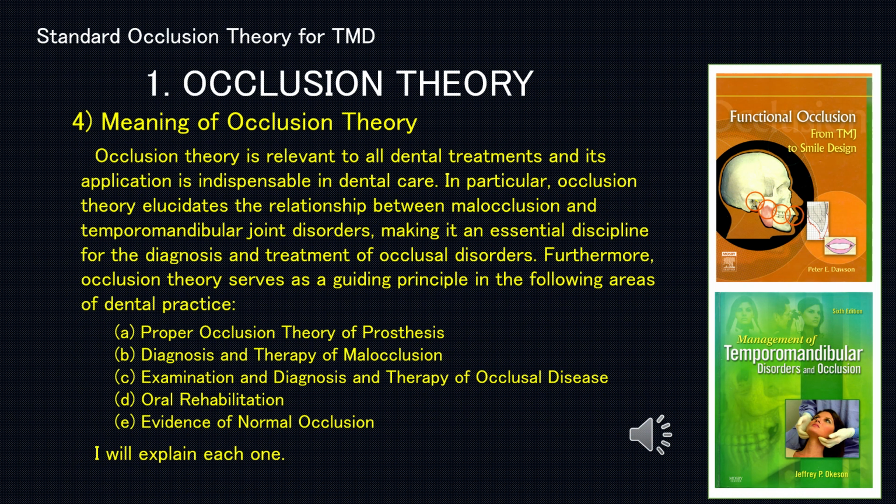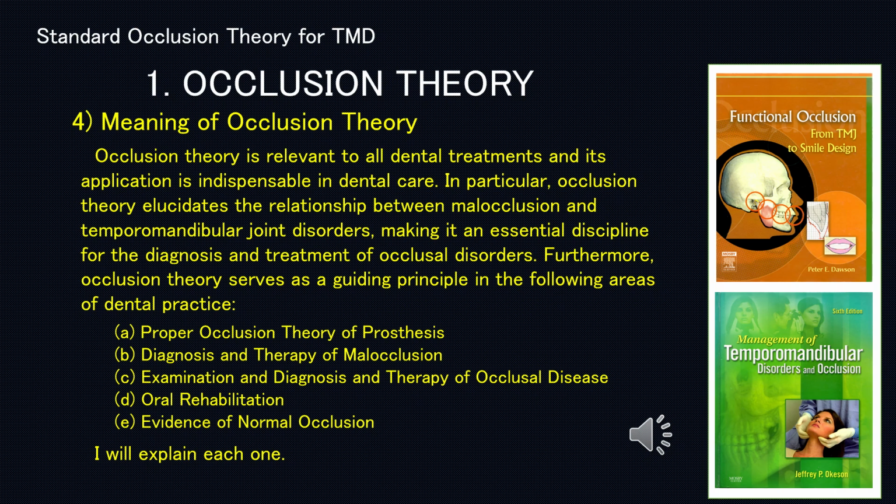4. Meaning of occlusion theory. Occlusion theory is relevant to all dental treatments and its application is indispensable in dental care. In particular, occlusion theory elucidates the relationship between malocclusion and temporomandibular joint disorders, making it an essential discipline for the diagnosis and treatment of occlusal disorders.